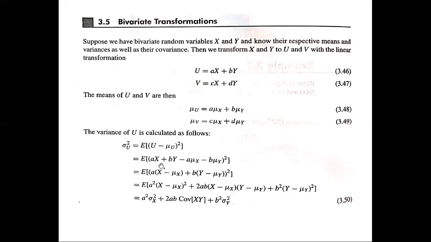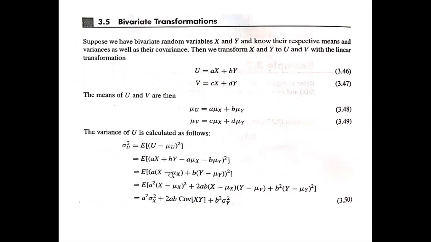Then we take a common from this and this term. We'll get a into x minus mu x plus b into y minus mu y. Whole squared is also there because this is the variance. So this squared term should be there continuously. Now, if you expand this squared term, a plus b squared, we'll get a squared plus 2ab plus b squared.